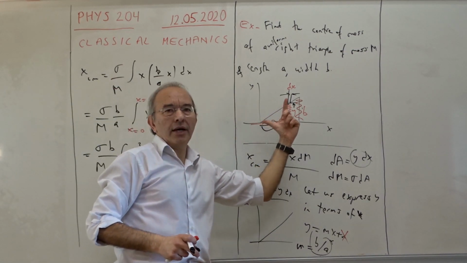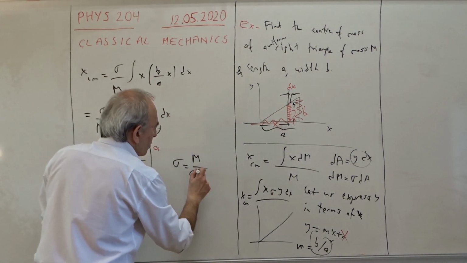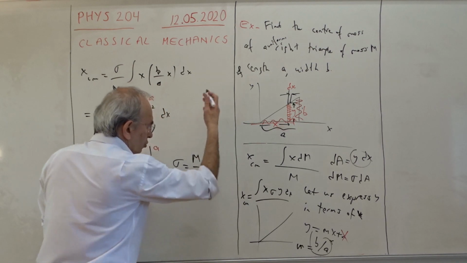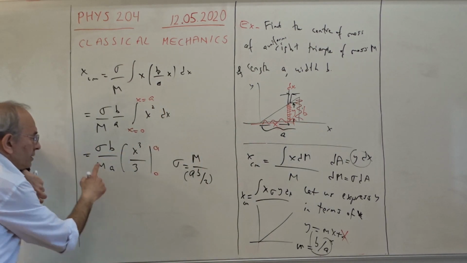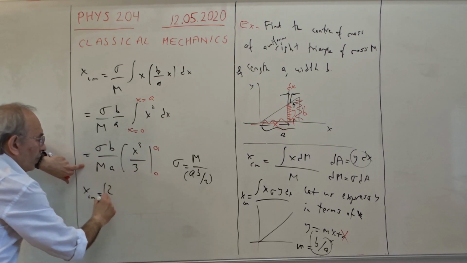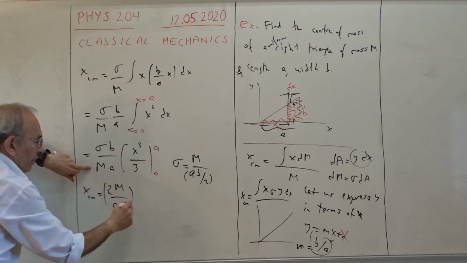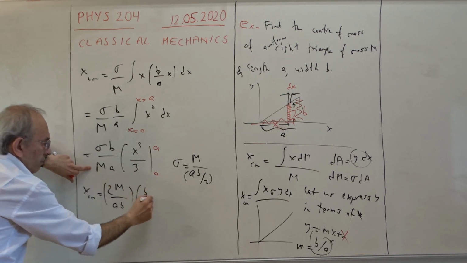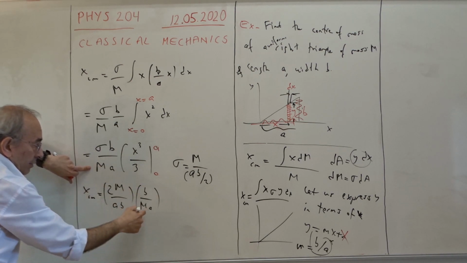Length times height over 2, ab over 2. So here we have ab over 2. So 2 comes up. And here, x center of mass, sigma. What is sigma? Twice M over ab, divided by b over M a.